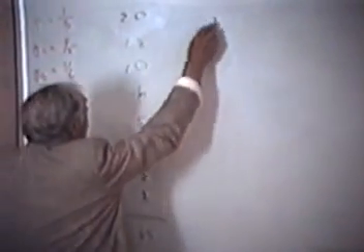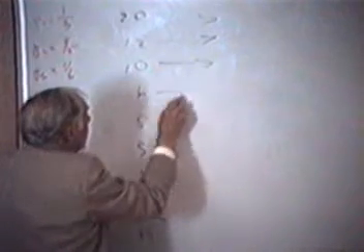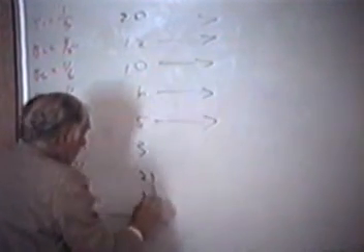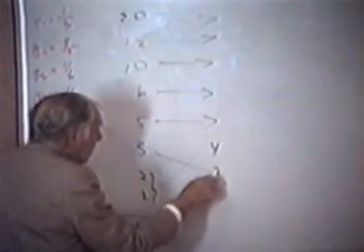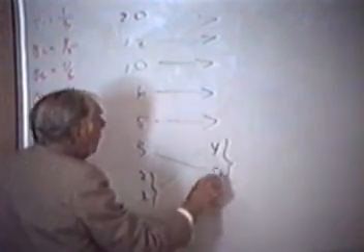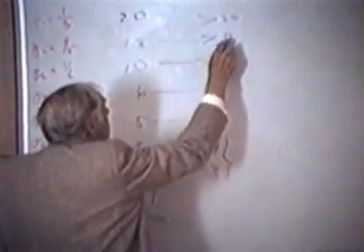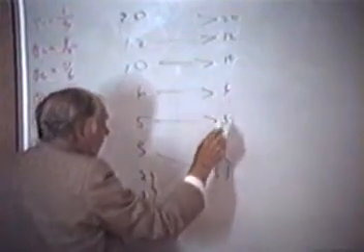All right. This is 20, 12, 10, 6, 5. There's 7.